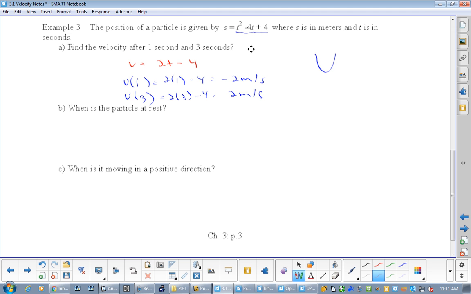So when would the particle be at rest? Well, right there, right? 0 velocity. So rest at v equals 0. So 0 equals 2t minus 4. T equals 2 seconds.